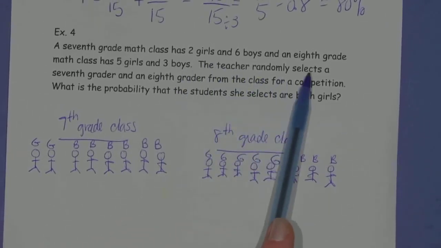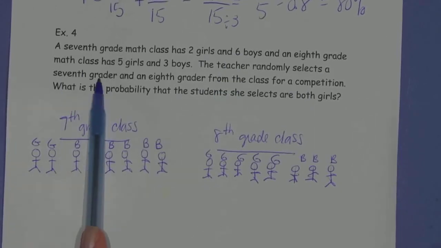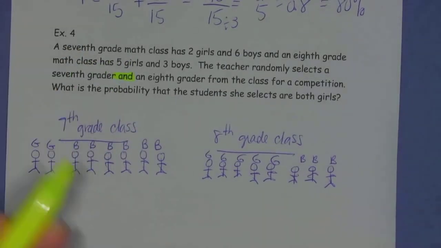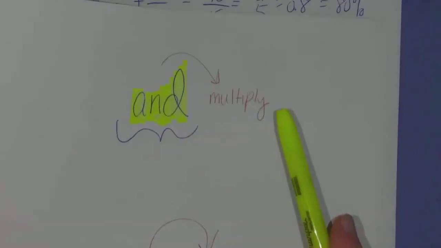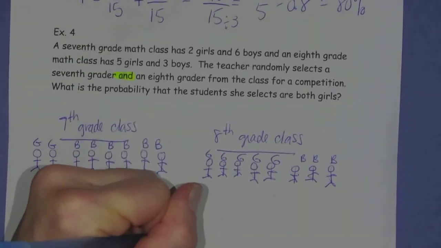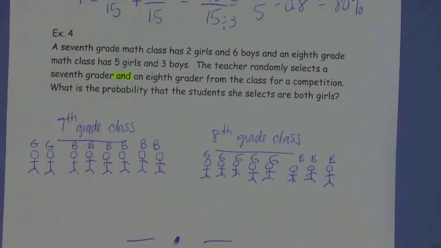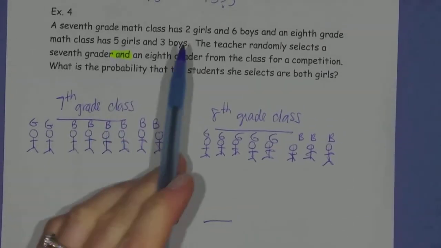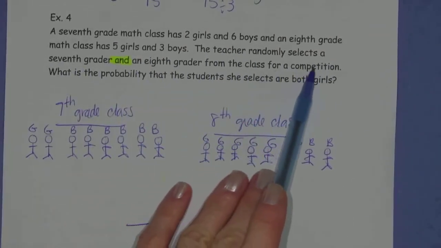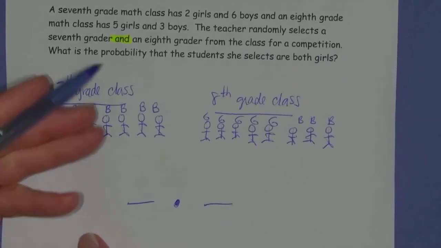The teacher randomly selects a 7th grader and an 8th grader. And means multiply. So I'm already going to do this. I'm setting up my multiplication. The teacher randomly selects a 7th grader and an 8th grader from the class for a competition. Here we go.